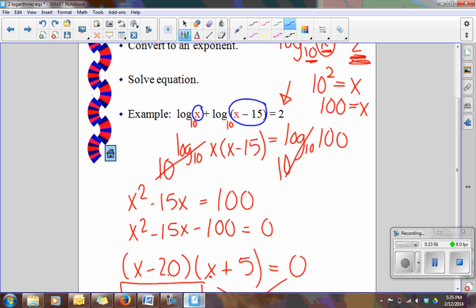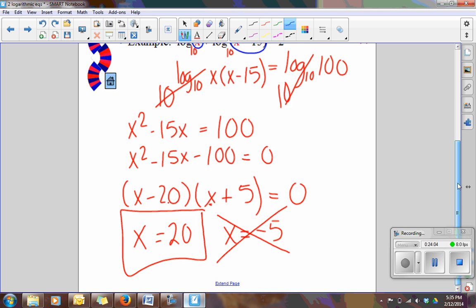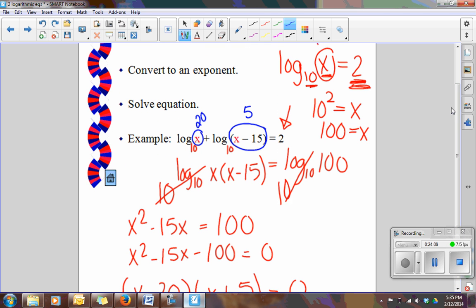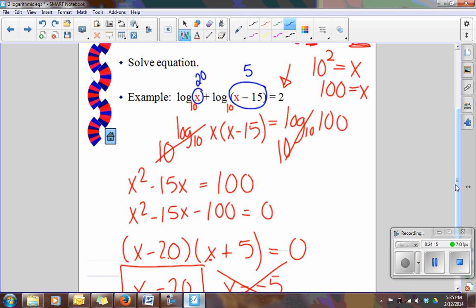So when we plug in 20 here, we've got log of 20, and we've got log of 5. Those are both positive numbers. So log of 20 is totally fine. If we plug in negative 5, we've got log of negative 5, which is not part of the domain of log. We cannot take the log of a negative number. So with log of x, x has to be greater than 0.